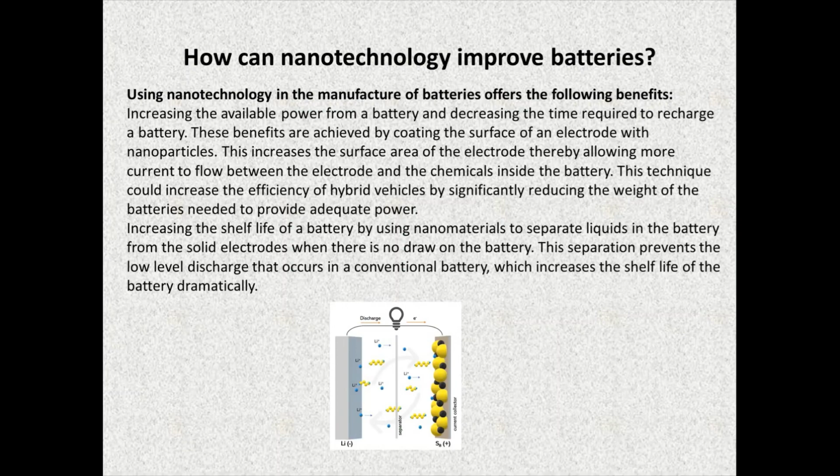This increases the surface area of the electrode, thereby allowing more current to flow between the electrodes and the chemicals inside the battery. This technique could increase the efficiency of hybrid vehicles by significantly reducing the weight of the batteries needed to provide adequate power.